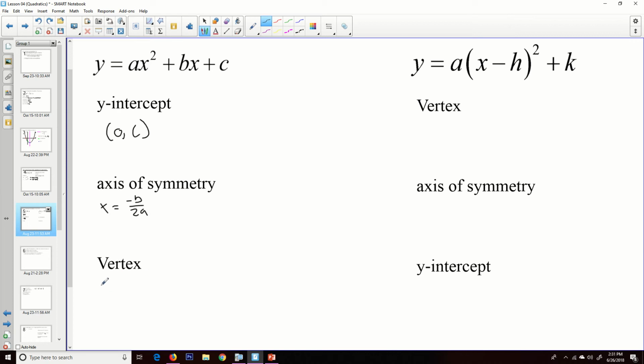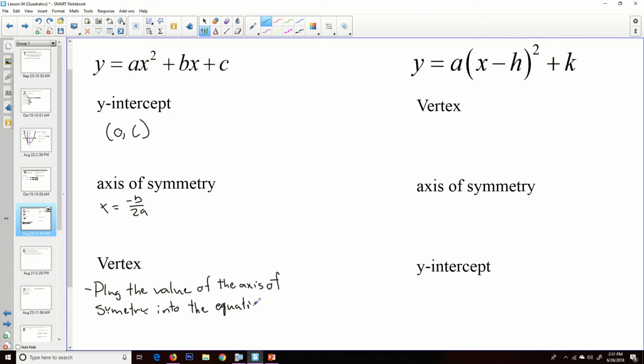So to find that, what you're going to do is plug the value of the axis of symmetry into the equation, and then evaluate for y.